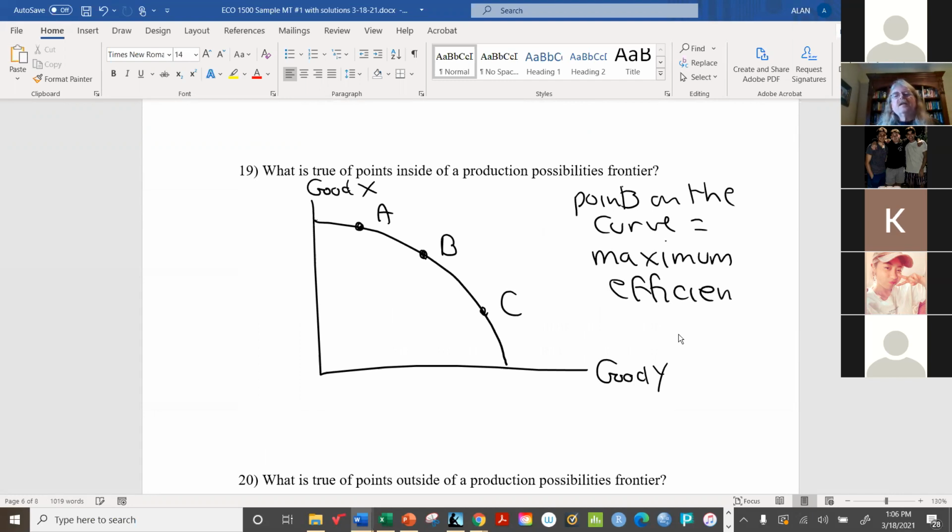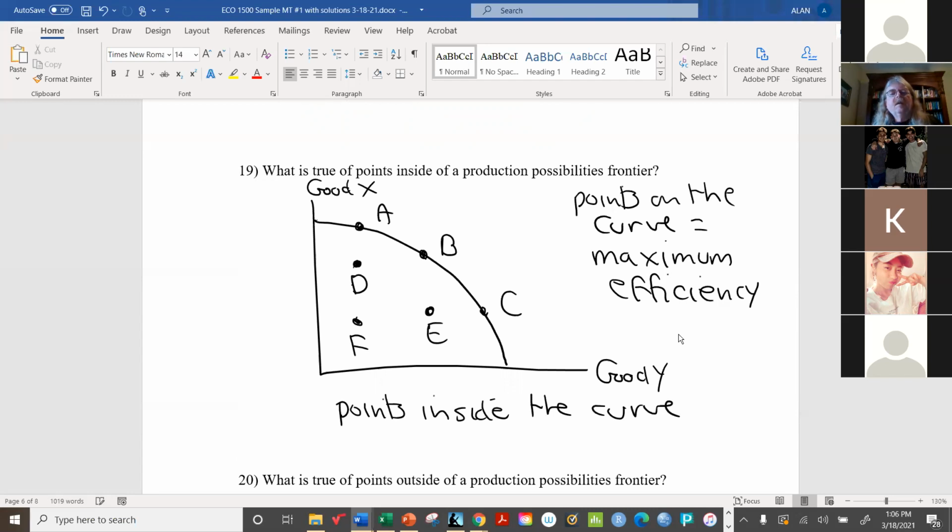In other words, it is not possible to squeeze out any more output with the resources that we have, like, let's say this is D, E, F. Points inside the curve represent wasteful production.